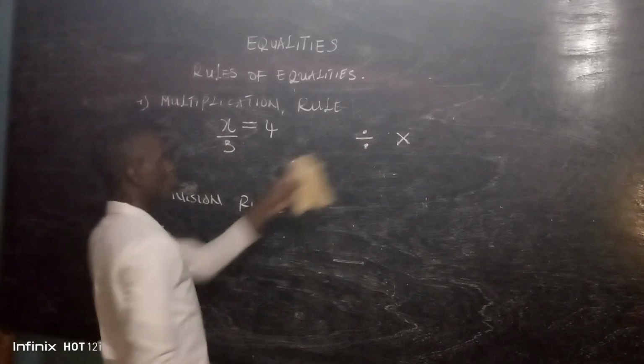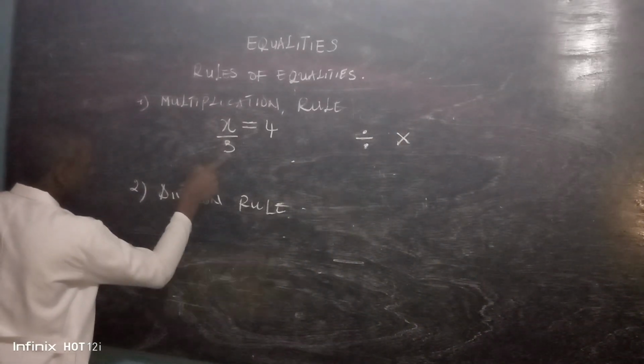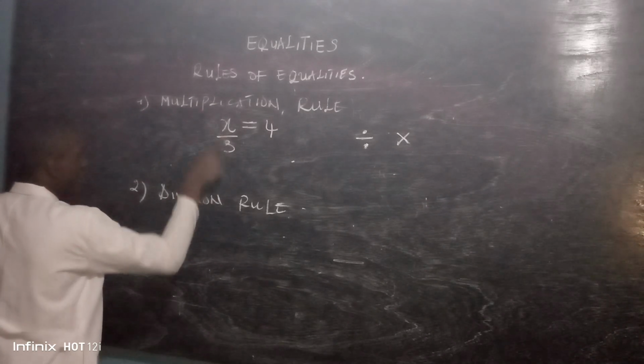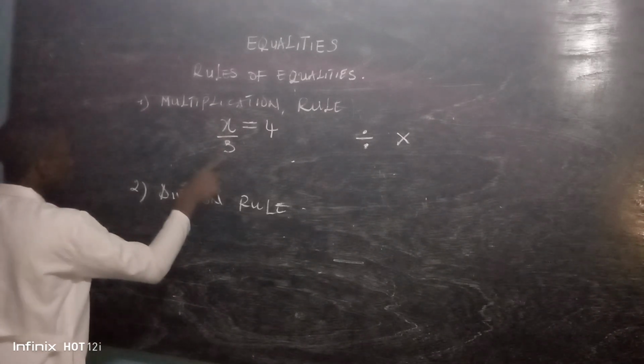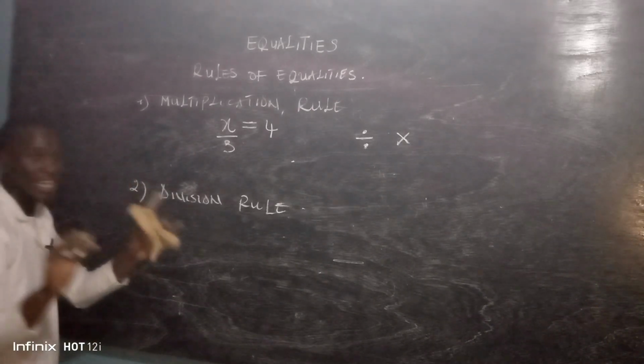Whenever you see division, you do multiplication. Since I have here x divided by 3, right? I'm going to do what? Multiply both sides by 3. That's how you apply the rule.